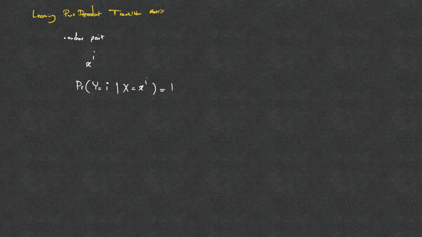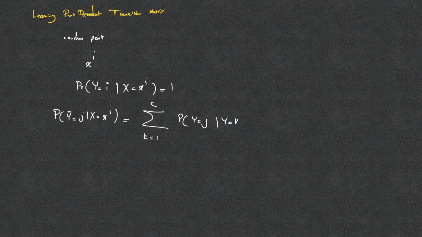Now for this anchor point, you can also write the probability of the noisy label being j, given x equal to xi, like this, based on the C classes that exist. Namely, you can consider a noisy label j that was given, a real label k, and of course the observation xi, and then you would have this based on the chain rule.